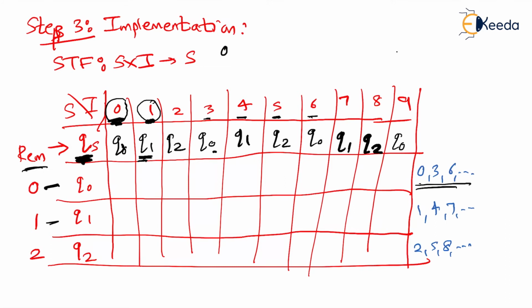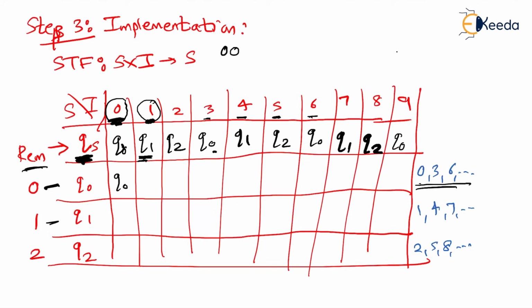Now Q0 is currently holding a number 0 and what comes as input is another number called 0. So 0 appended with another 0, the number becomes 0, 0. 0, 0 is again nothing but 0. So when 0 is divided by 3, what is the remainder that we get? 0 divided by 3, remainder 0. What is the state storing a number with remainder 0? Q0. Therefore, Q0 will be replicated over here.